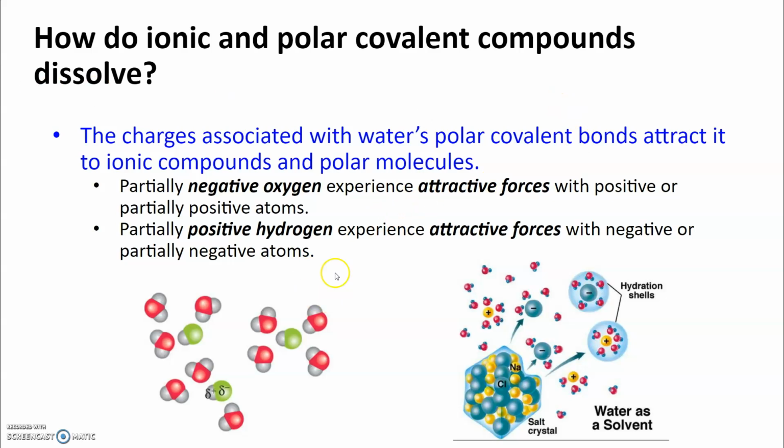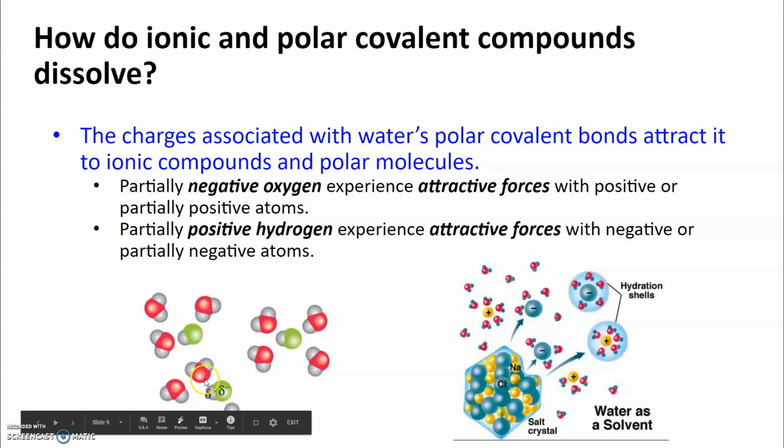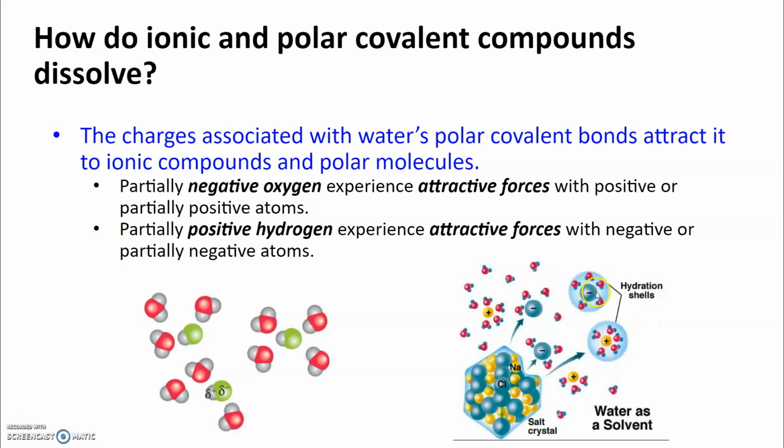And what that means is you can see that this negative oxygen is kind of attracted to the partially positive part of the green and gray molecule, and the positive-ish hydrogen is attracted to the negative-ish green part of the molecule. Same thing over here. We can see all the little bit positive hydrogen sides of the water molecule are facing the negative ion, and all the little bit negative sides of the oxygen are pointing towards the positive ion. And so they're just acting like little baby magnets.